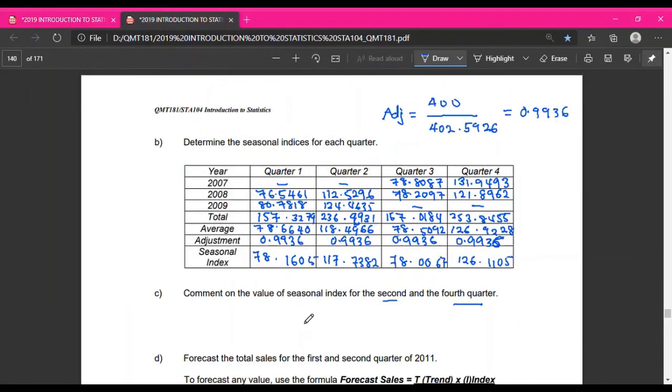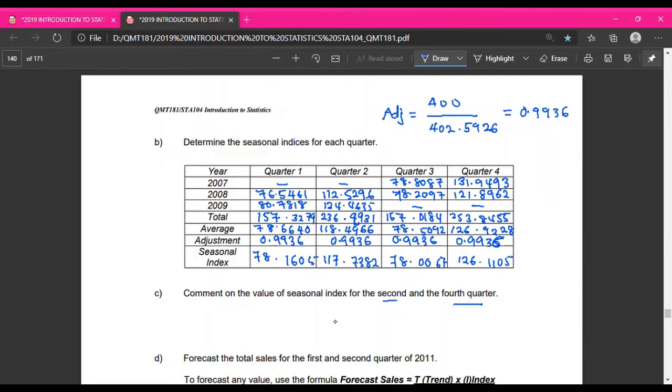Okay, so we can say that the advertising cost for the second quarter are 17.74% above the trend, sebab dia lebih dari 100.